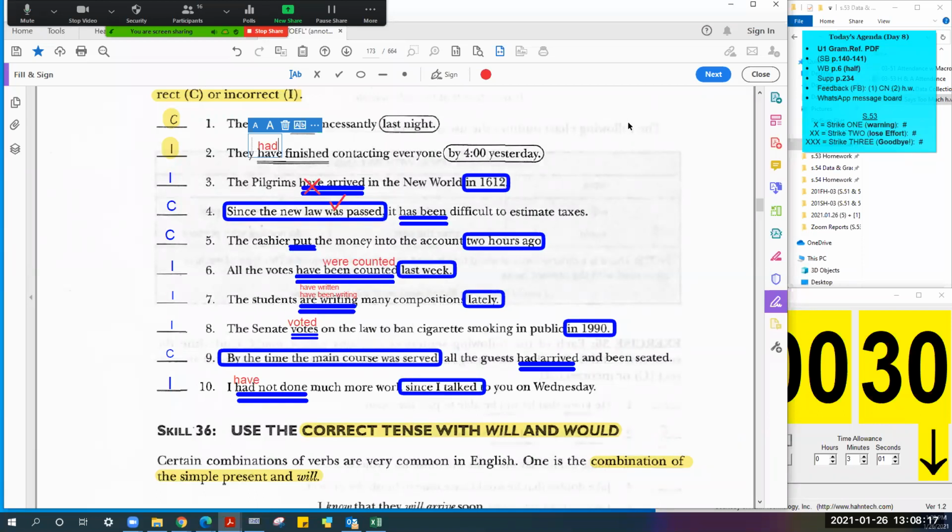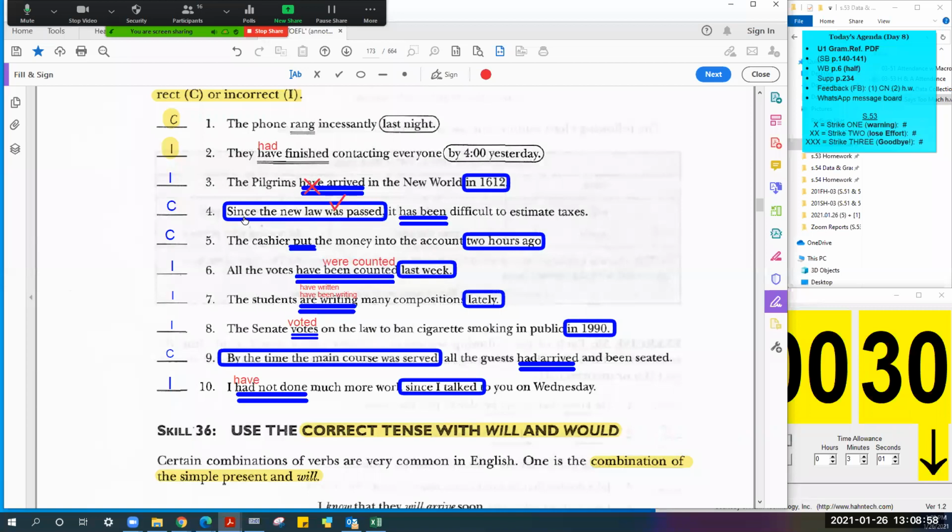Did someone have a question? Yes, question 4. Please, can you explain it again? Since the new law was passed. So since the time of that action, that action is past tense, right? Do you understand? The new law was passed, so a past action.